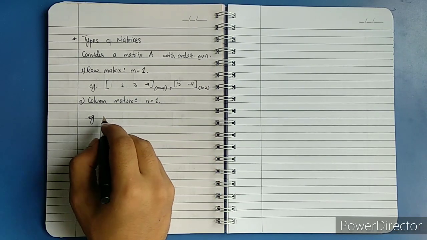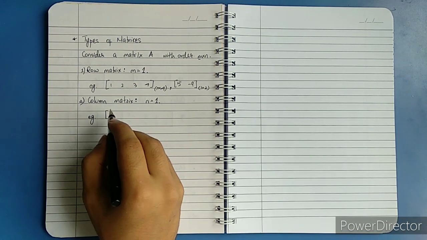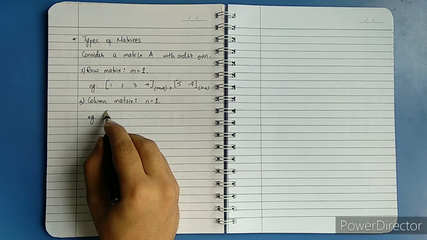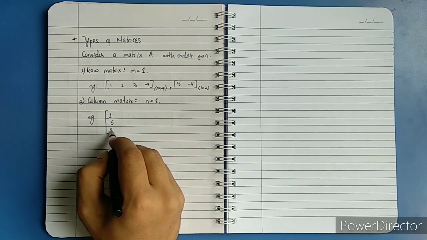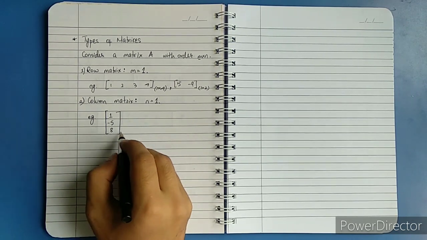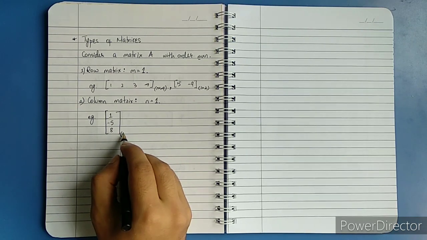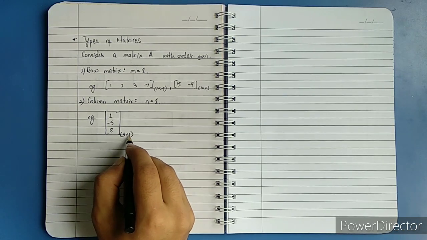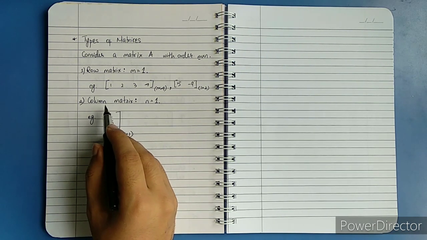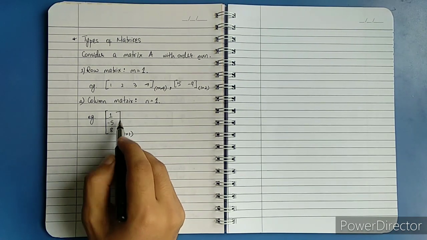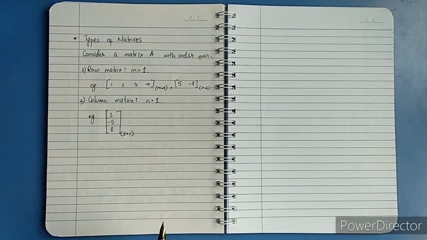For example, we have, say, 1, minus 5, 8. So this has 3 rows and 1 column. So the number of columns is 1, hence it is a column matrix. A column matrix is called so because this looks like just one column, that is why it's called a column matrix.